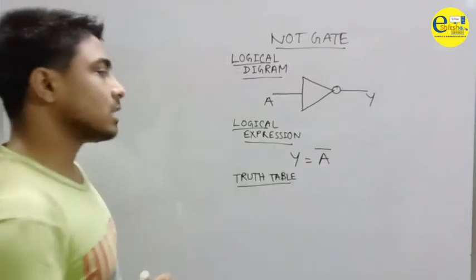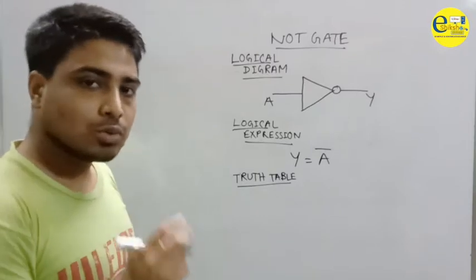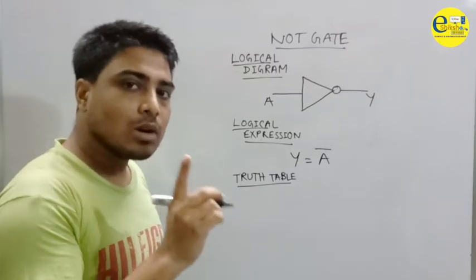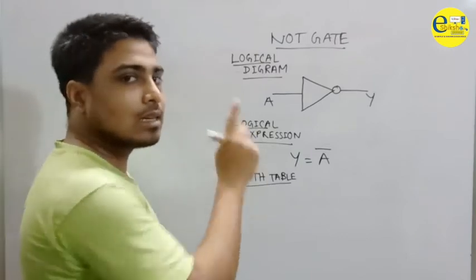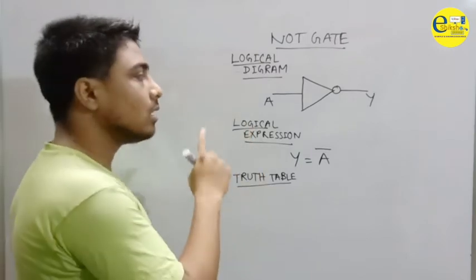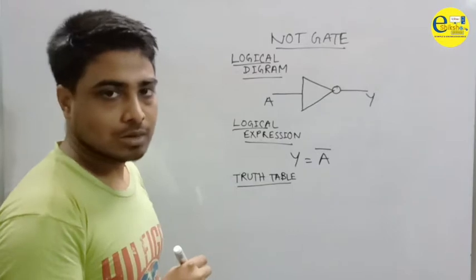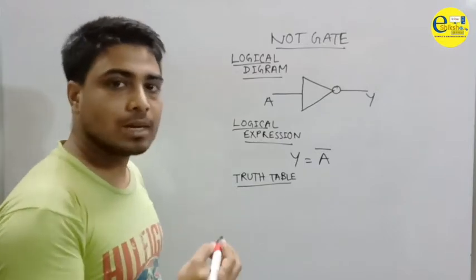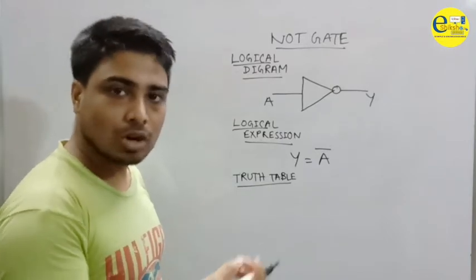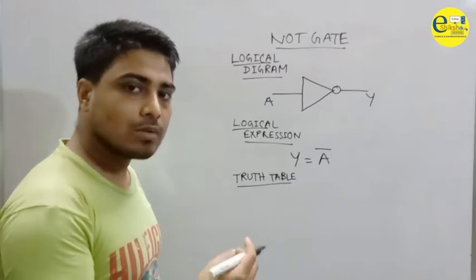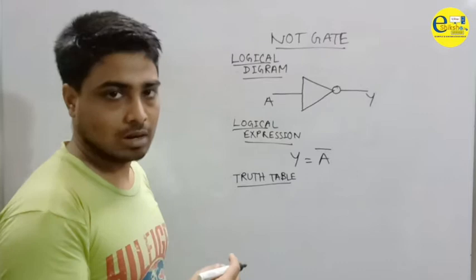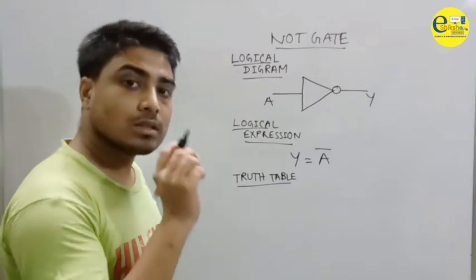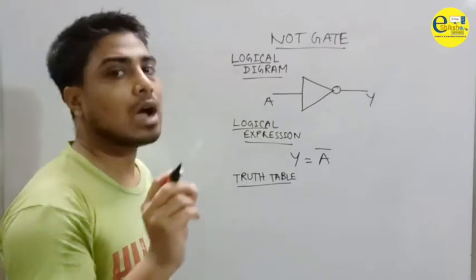Now the next point is the truth table. Students, keep in mind that while drawing the truth table, always check the diagram to see how many inputs and outputs there are. A table consists of rows and columns, so first consider the columns.